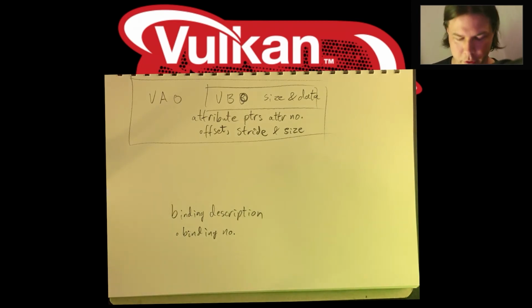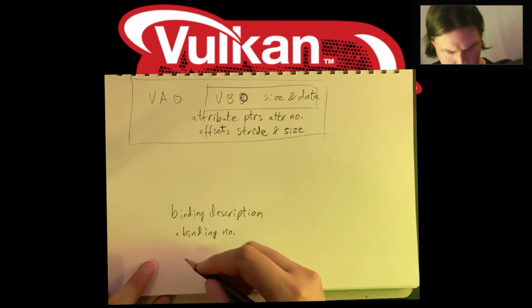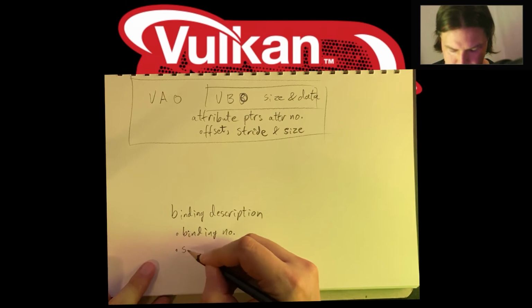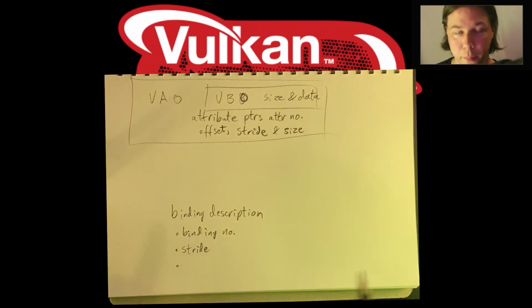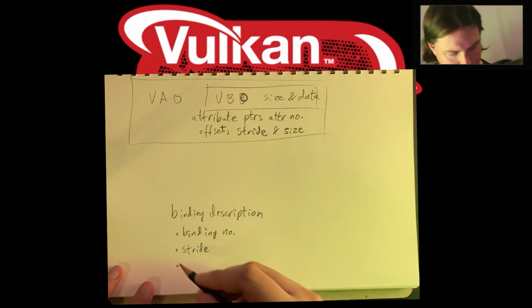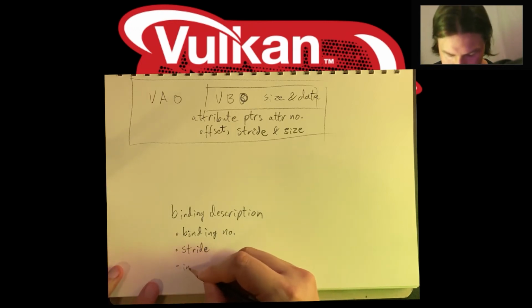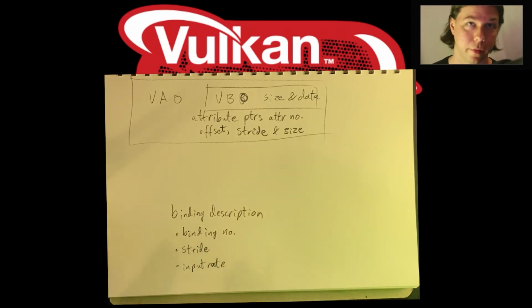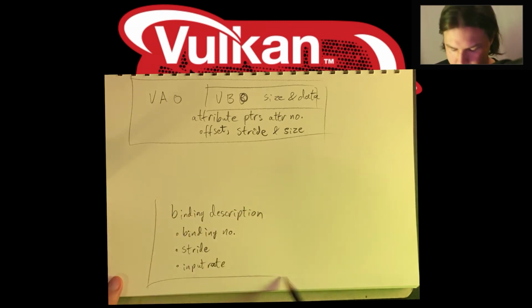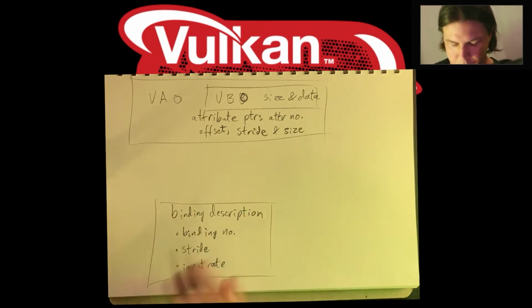This texture sampler is binding number 2, and so on. And then we have a stride, which is basically the number of bytes per vertex in total. And then we have an input rate. So is this per instance data? Is this per vertex data? And so on. So those things are tied up in a binding description.